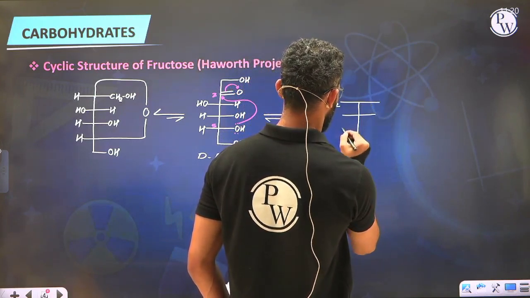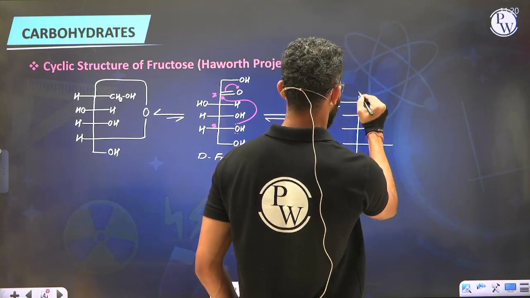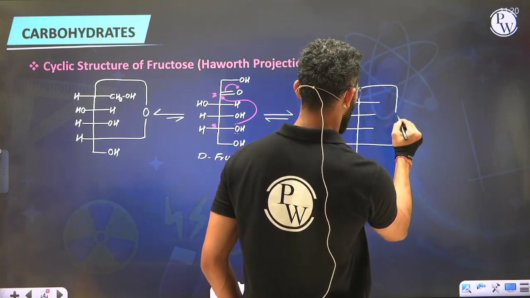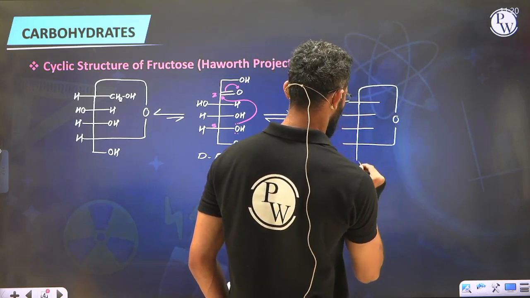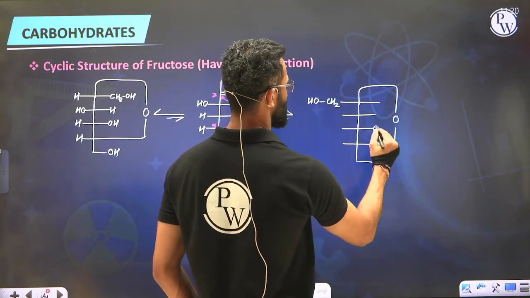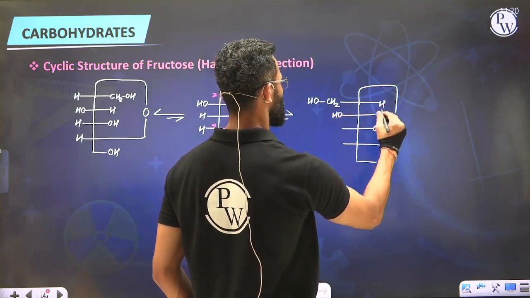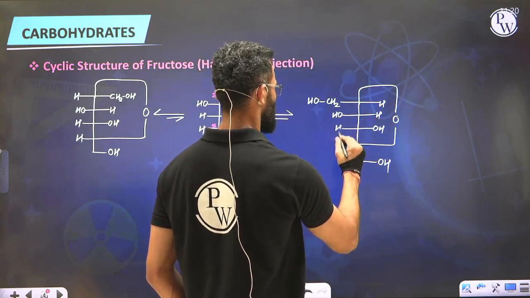Third, fourth, fifth, and sixth. Right, right, and left. Remaining valencies are just hydrogen atoms.